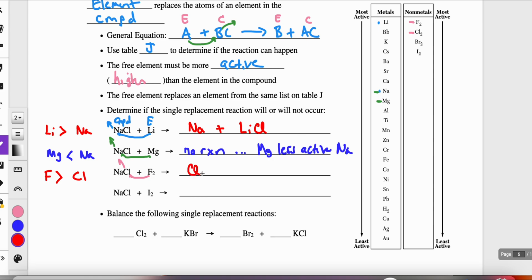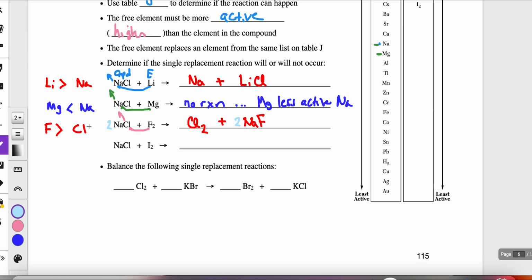Now, chlorine's a diatomic, so we have to write its chemical formula as Cl2 as a free element. And the new compound is sodium fluoride, so that would be NaF. We would have to do a little balancing because we don't have the same number of chlorines on each side. So if we put a 2 in front of the NaCl and then a 2 in front of the NaF, now we have a balanced reaction.